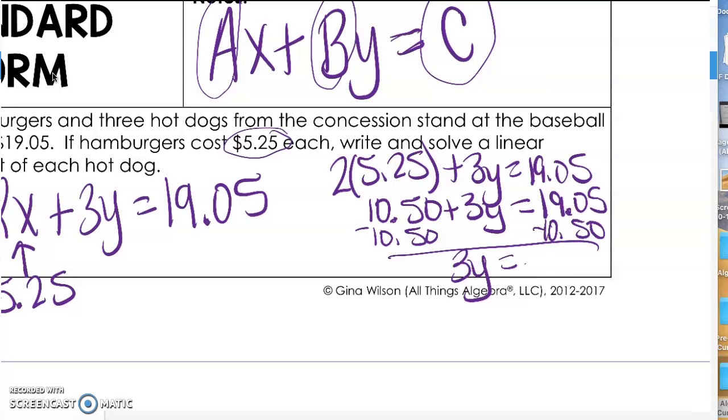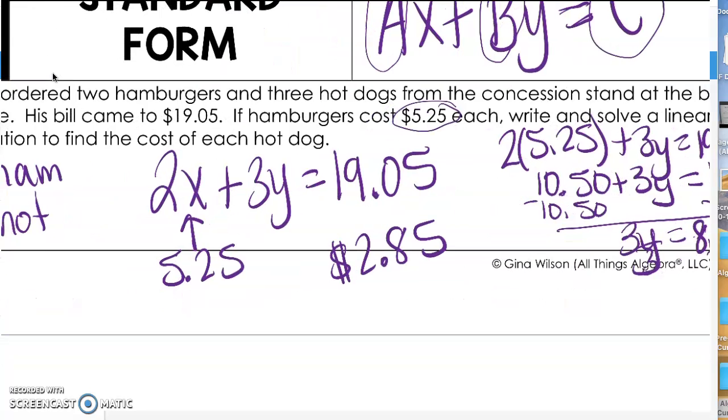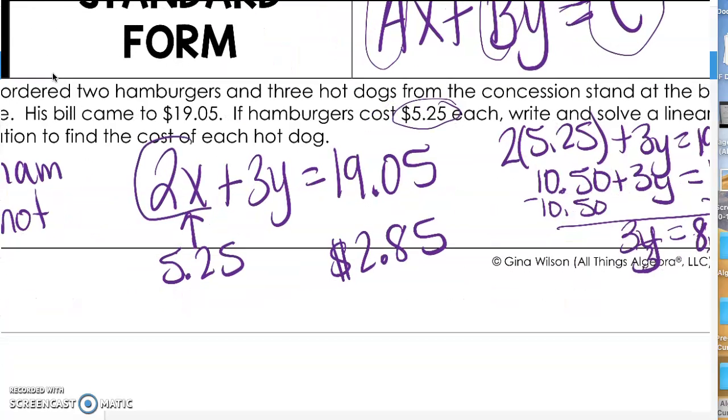I put my stuff in there wrong. 8.55. Divide by 3 and we get 2.85. So one hot dog costs $2.85. So on your actual answers, you need to have those two things. Your equation with an x and a y and a number, and then the cost, in this case, of each hot dog was $2.85.